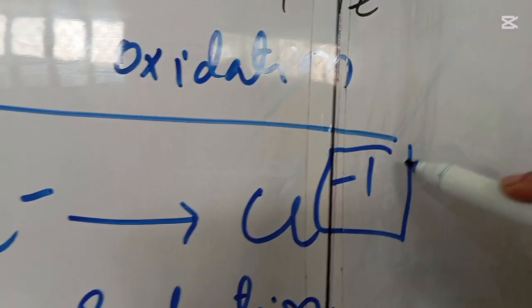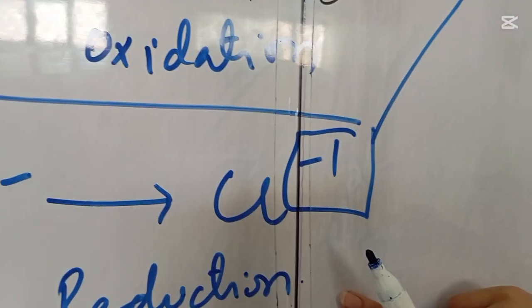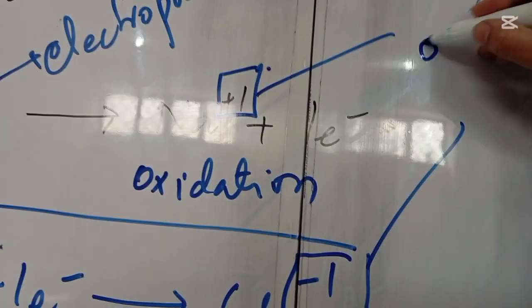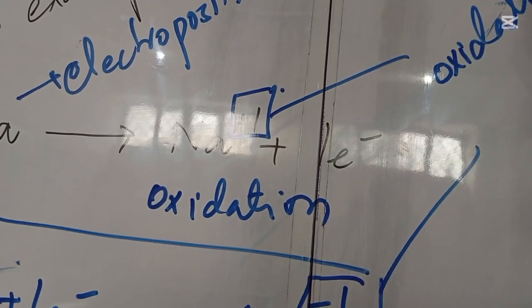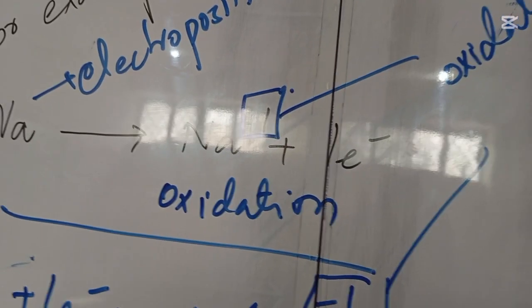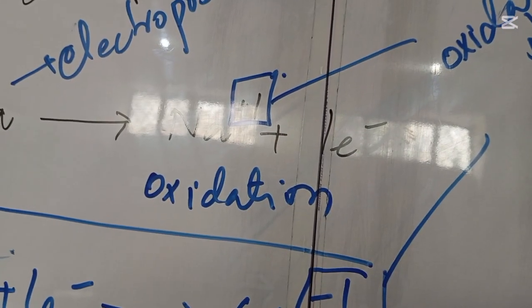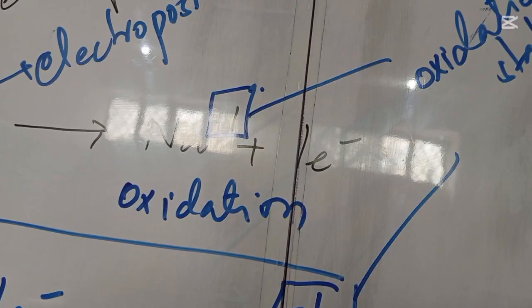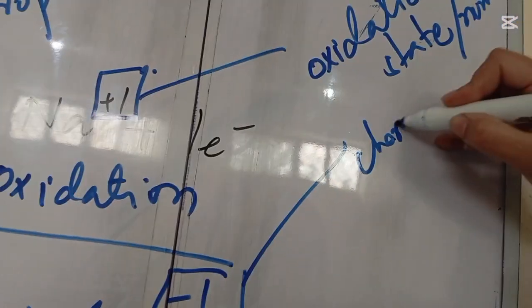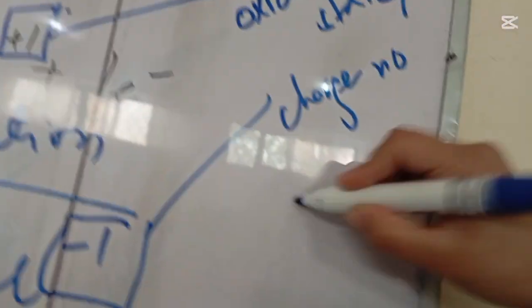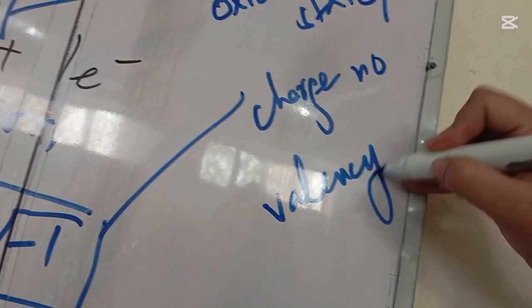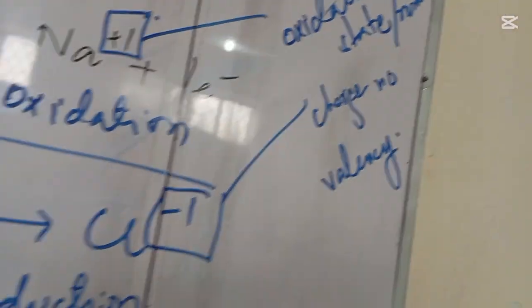So these charges after losing and gaining of electrons are known as the oxidation state or oxidation number. It can be called the charge number or valency of a particular element, compound or molecular ion.